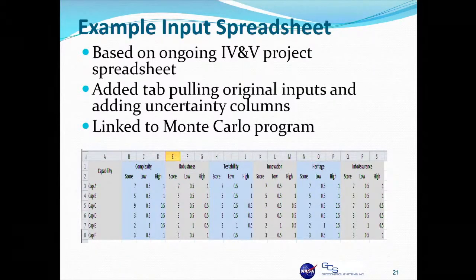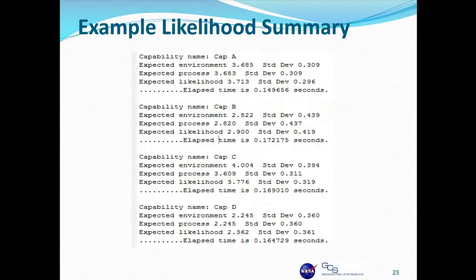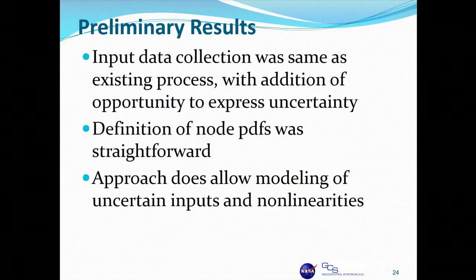There's going to be a separate Monte Carlo run for each of these capabilities. This is the output of the nodes for one particular run. These histograms show you, using the Monte Carlo, what the PDF is for each of those nodes, along with the expected value and the other statistics of each of the nodes.